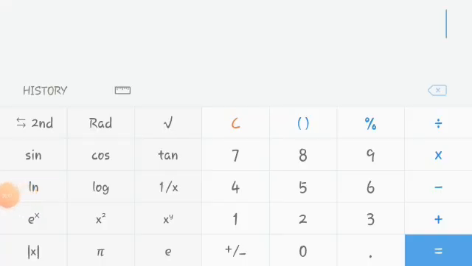As per the instruction given in the question, use a calculator to check your answer. You can use a mobile calculator, a pocket calculator or any scientific calculator. Start checking the answer on this calculator. We will write the whole sentence at once.